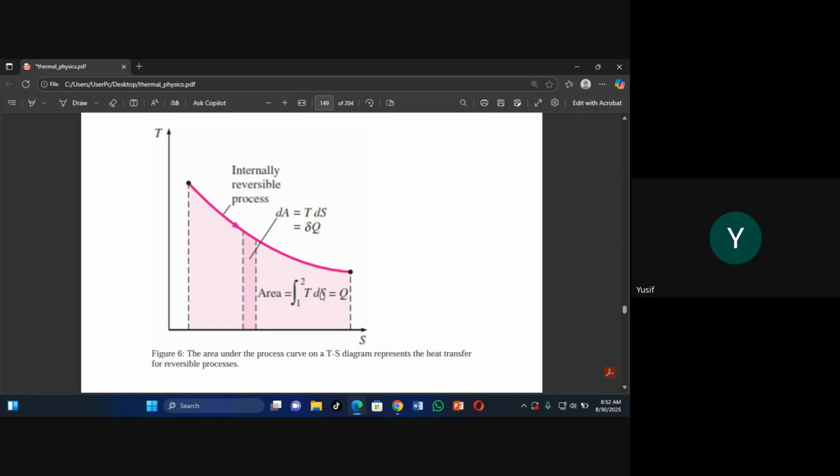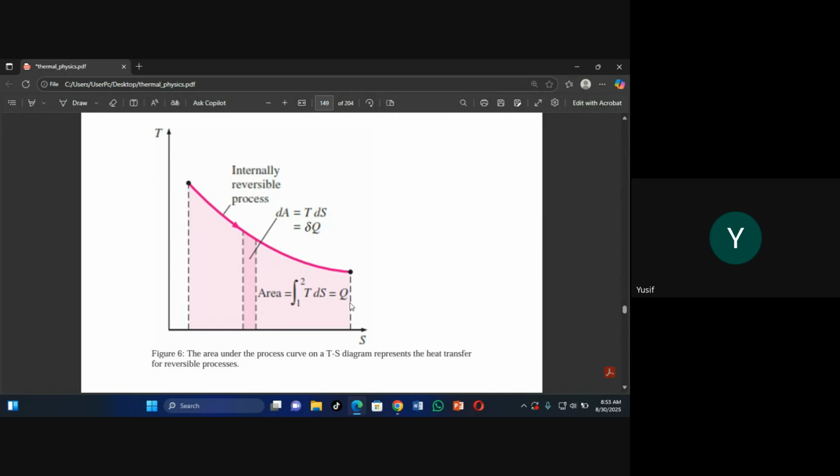Okay. Now, if you take the portion that will be labeled A, it means even under this whole thing, you are trying to take a small portion of the area, and that is the dA, and it's given by TdS, and it's equal to what? The change of heat between these two points. Okay.